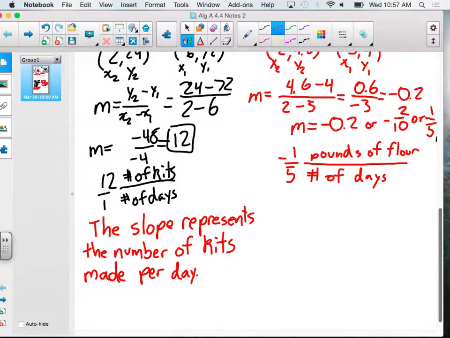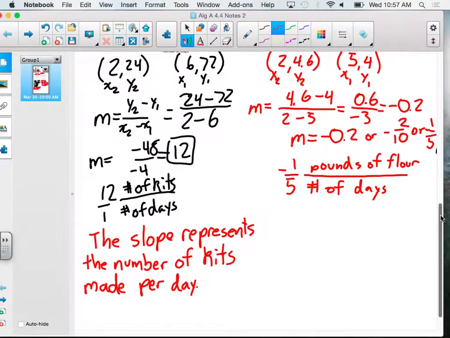All right, so what does this slope tell us? The slope represents the pounds of flour goes down every 5 days. Down by how many? 1. By 1 pound every 5 days, okay.